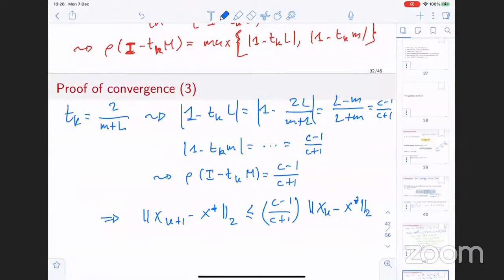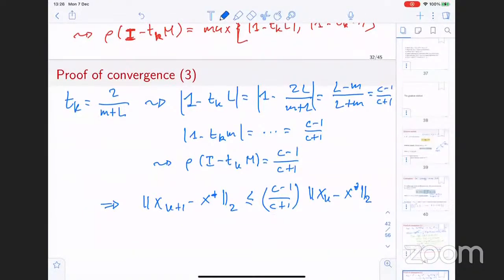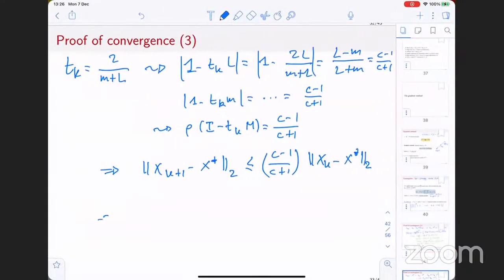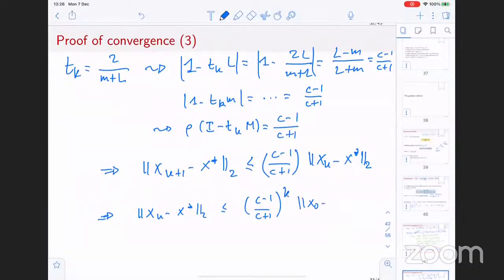And so this is exactly what we wanted to prove. Obviously, by iterating this, the norm of x_k minus x star is less than c minus 1 divided by c plus 1 to the power k times the norm of x_0 minus x star, if you want to go all the way to 0.